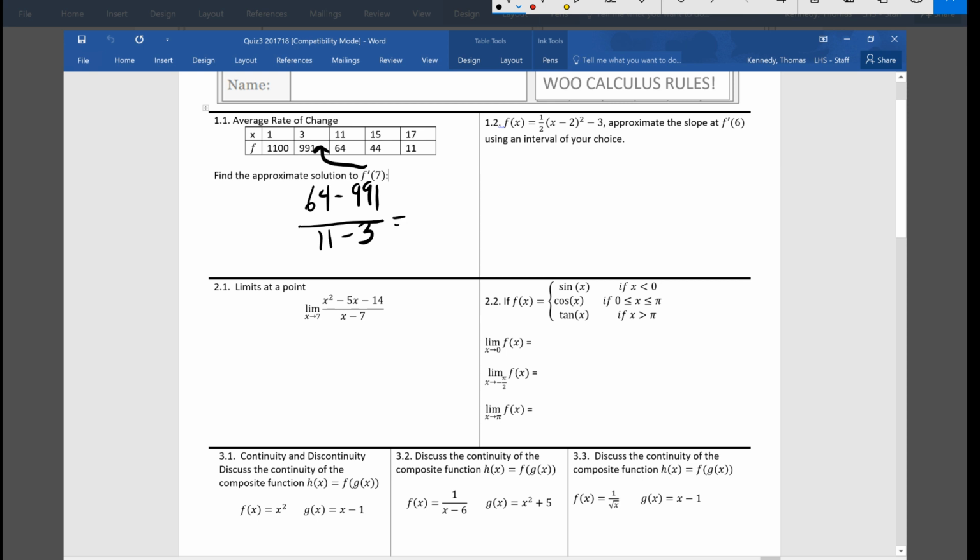And you should have gotten negative 927 over 8. And a lot of people got here. And then a lot of people went further than this and were sad because you don't go further than this. A bunch of people tried to approximate what f of 7 was, but that's not what the question asks. The question asks what f prime of 7 is, so it's just literally this answer right here.